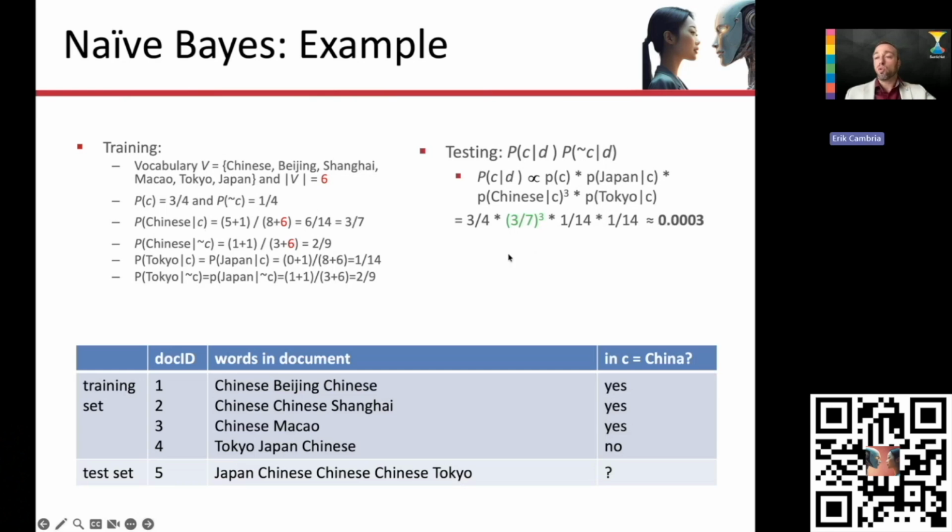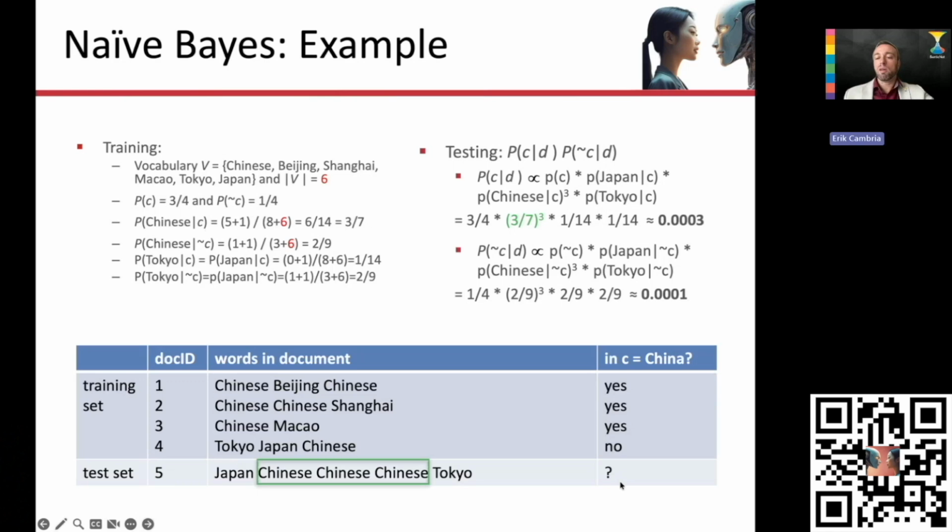Then I have to do the same for not belonging to class C, which gives this other number. And since the first one is bigger, the final answer is yes, document 5 does belong to class C. So don't forget this. If a word appears 3 times, then you have to use it 3 times. That's an important bit of information for naive Bayes classification.